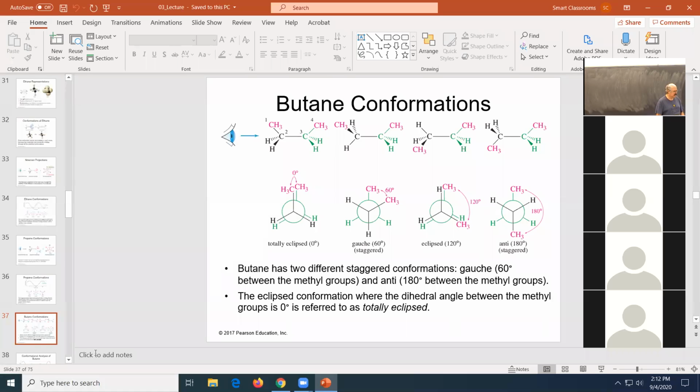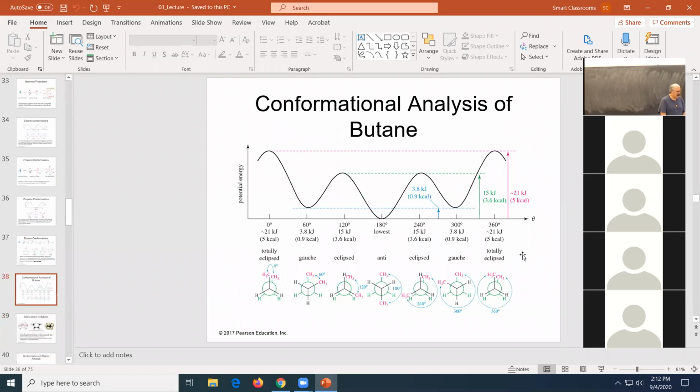We have the gauche, in which the methyl groups are 60 degrees apart. We have totally eclipsed, where the methyls are in the same plane. And then we have anti, where the methyl groups are 180 degrees apart from each other. Totally eclipsed is the least stable, anti is the most stable.